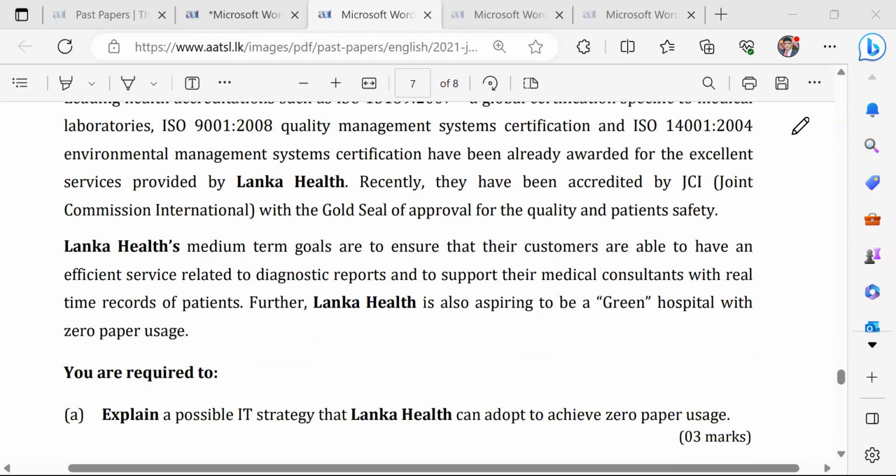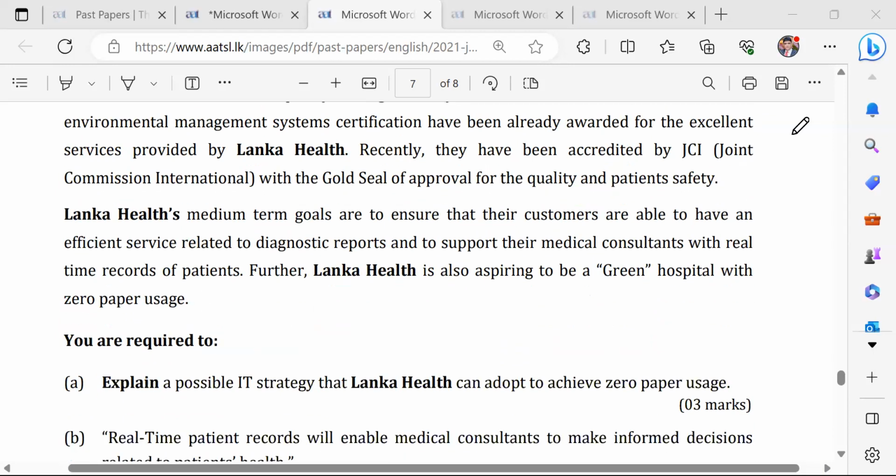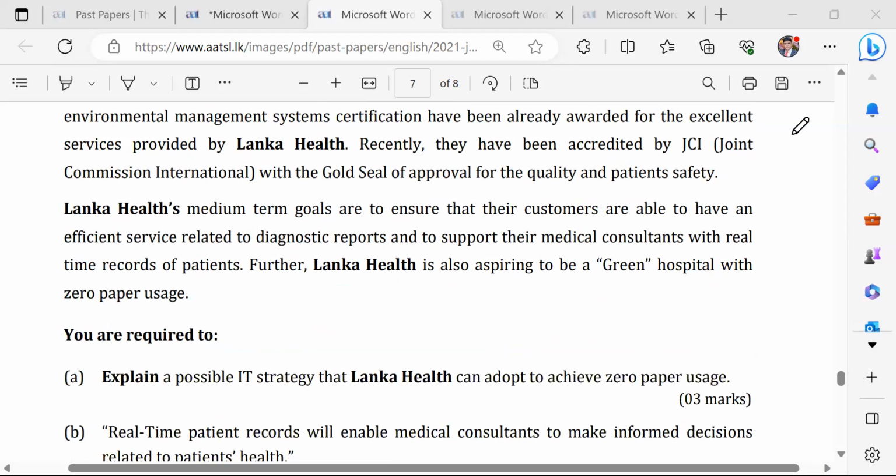Recently, they have been accredited by JCI, Joint Commission International, with the gold seal of approval for quality and patient safety.